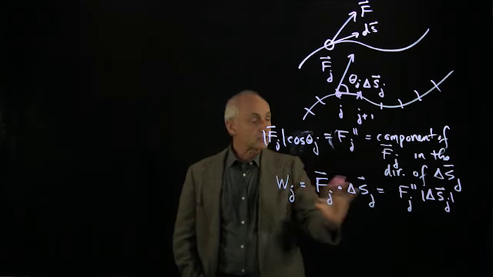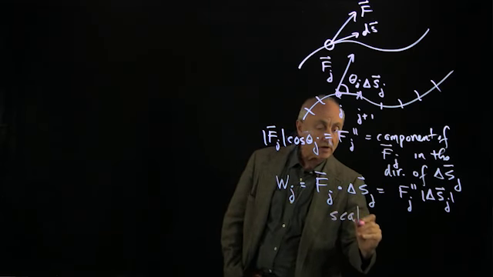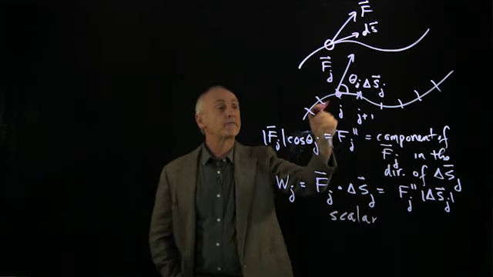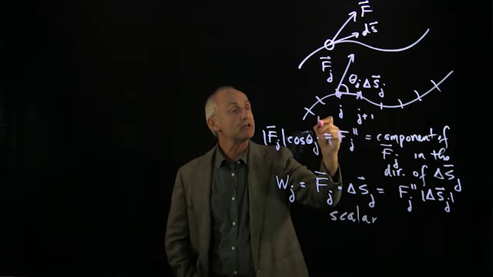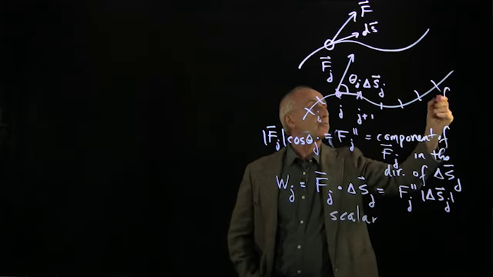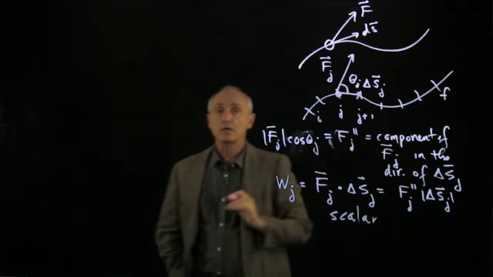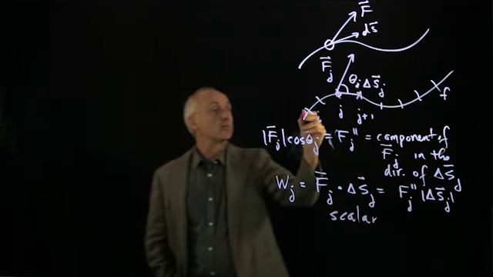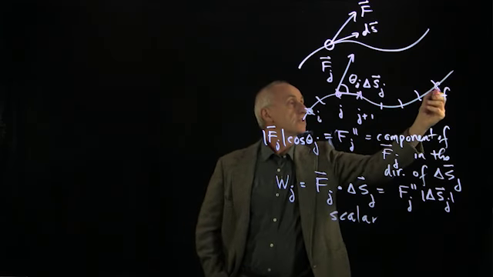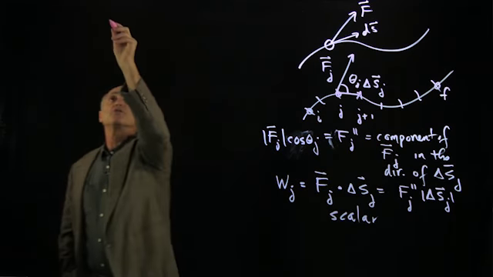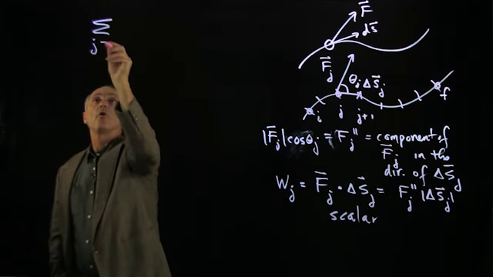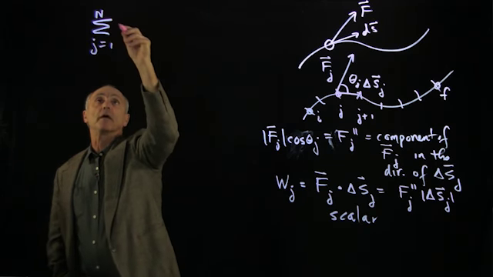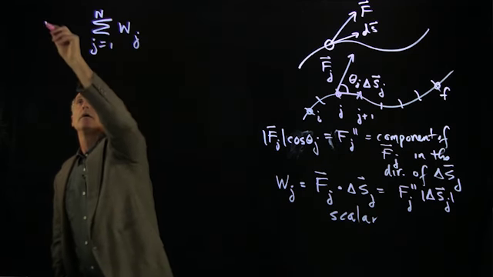And now, this is a scalar quantity, and when we want to find the total work, what we have to add up is, from some initial point to some final point, how much work is being done in taking our particle from the initial position to the final position, and it's just the sum for all of these j's, and let's say we have n of them, of wj.